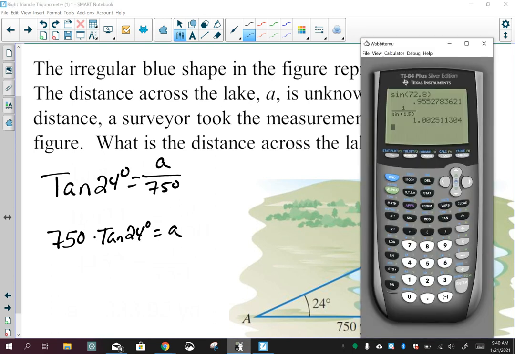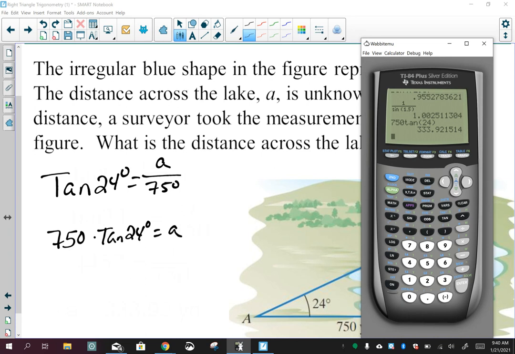Now you have to go to a calculator. When you're dealing with these triangles, pay attention to what they're giving to you. This one's going to be in degree mode because that's what they gave me the angle in. I'm literally going to type in what I have here: 750 tangent of 24.